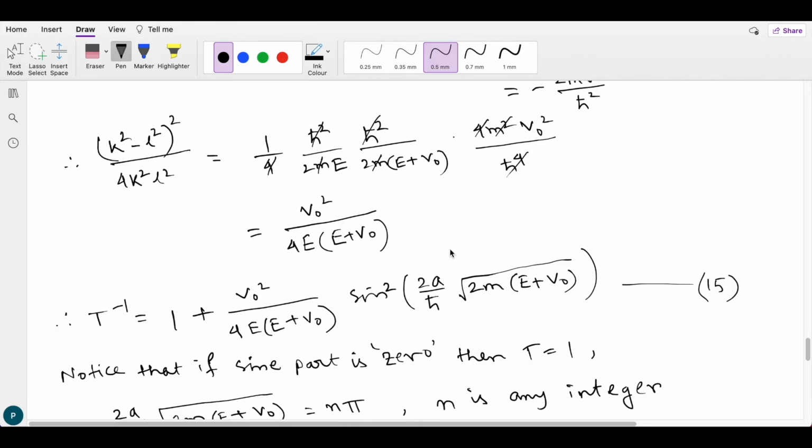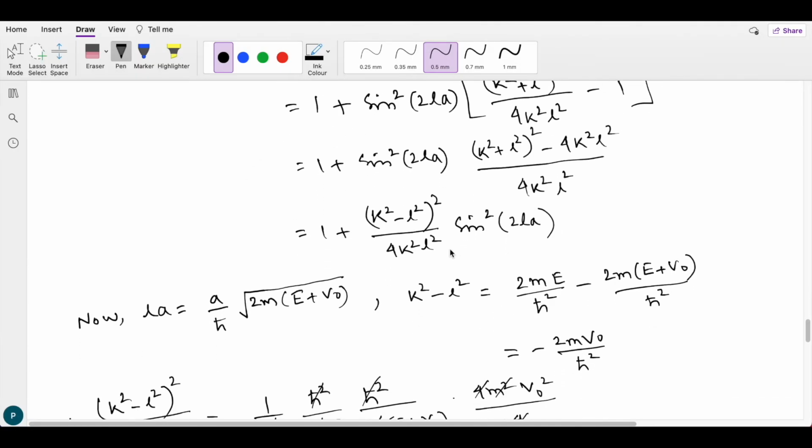Now using all these values in the T inverse equation here, we have derived the expression for this constant coefficient, and we know what la is.